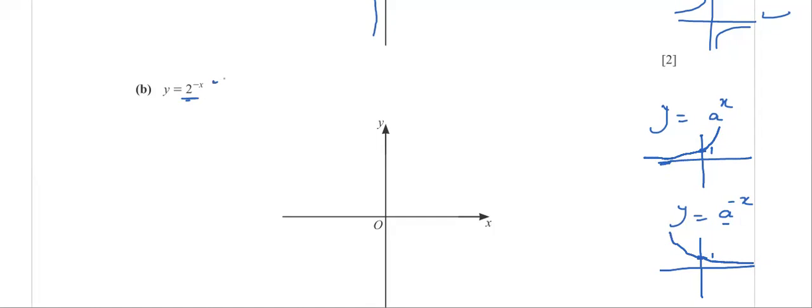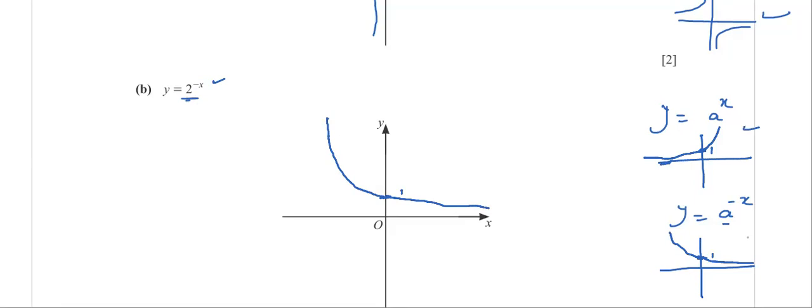So in this case, the power is negative. So you can say this is y is equal to 1. Through this one, you will make it on that side, and then accordingly, as you move further, it will get closer to the x-axis. That will be the sketch.